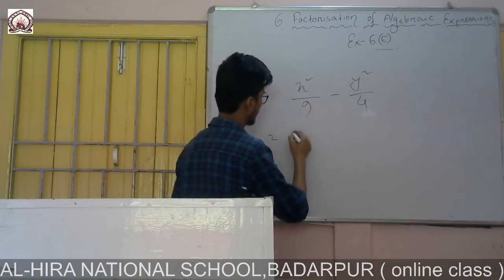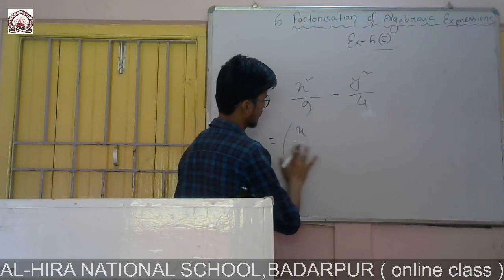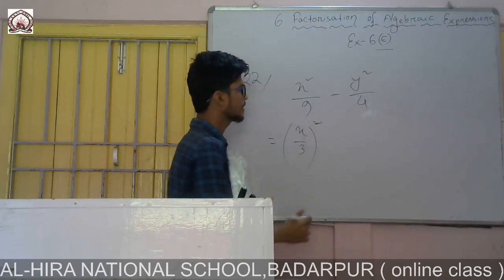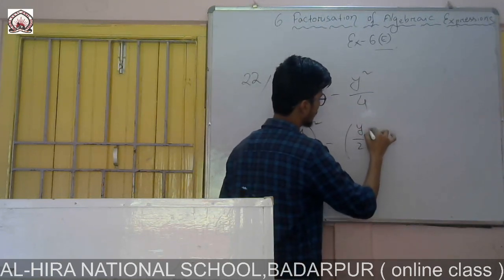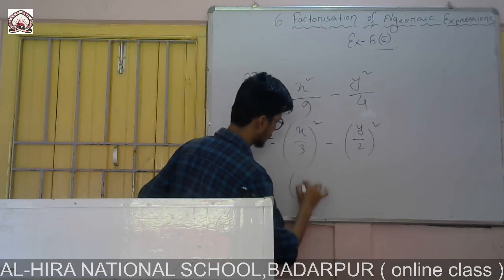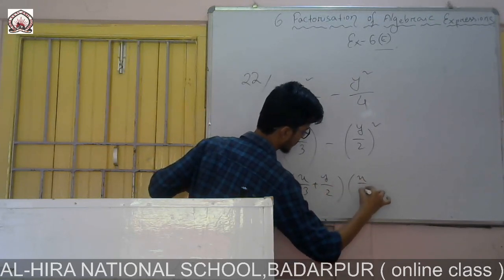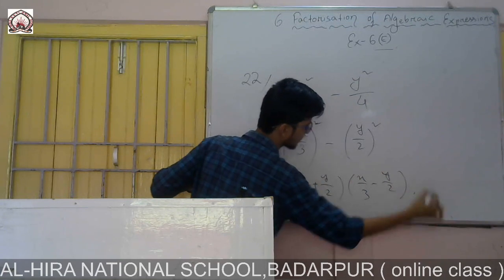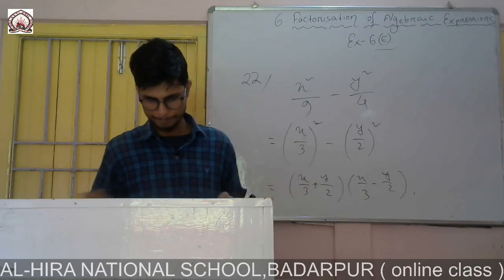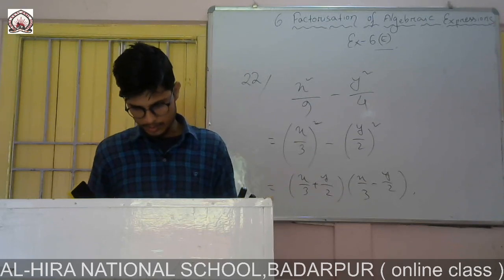Here I can write this as x by 3 whole square, since x square is x square and 3 square is 9, minus y by 2 whole square. Now you see it is a square minus b square. The answer will be a plus b and a minus b. Okay.